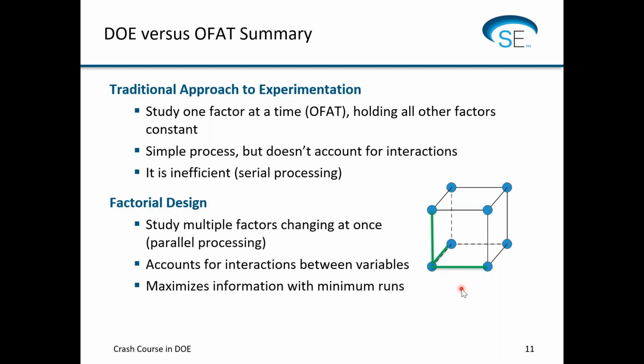So we begin to abbreviate the work, right? So there are some advantages once we hit 5 or more factors. And the beauty of it is we can account for interactions between the variables. And breakthrough performance is often hidden behind or requires us to evaluate this thing called interactions. And we're going to maximize the information with a minimum amount of runs.